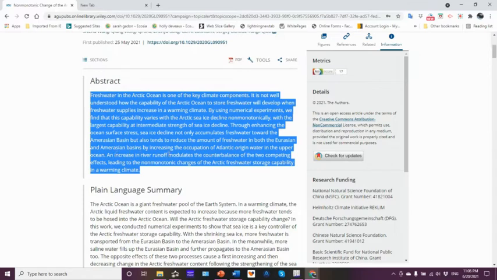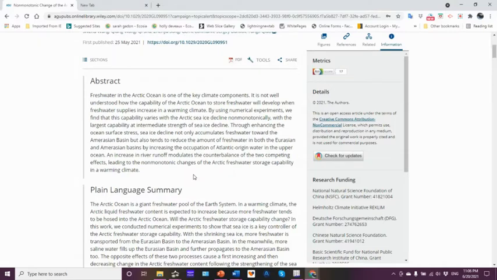An increase in river runoff modulates the counterbalance of the two competing effects, leading to the non-monotonic changes of the Arctic freshwater storage capability in a warming climate. Okay, so that's their abstract.